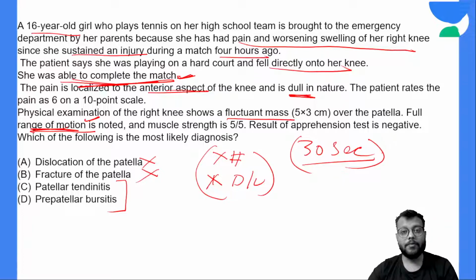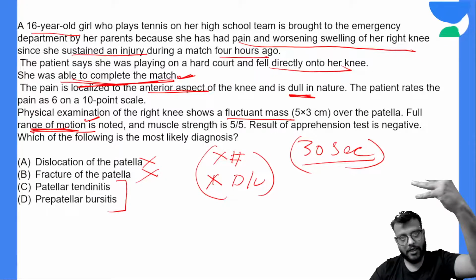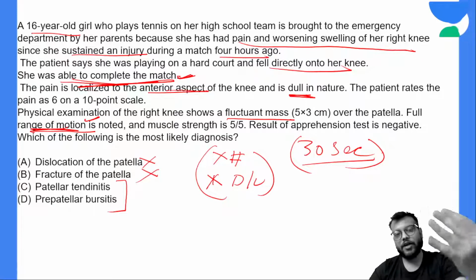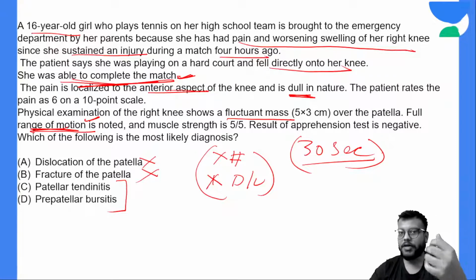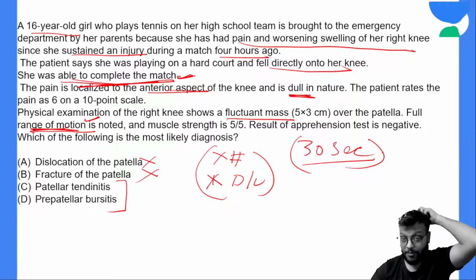So remember anterior aspects. Above the patella there is the suprapatellar bursa, in front of the patella, that is anteriorly, you have the prepatellar bursa, and below the patella you have the infrapatellar bursa.